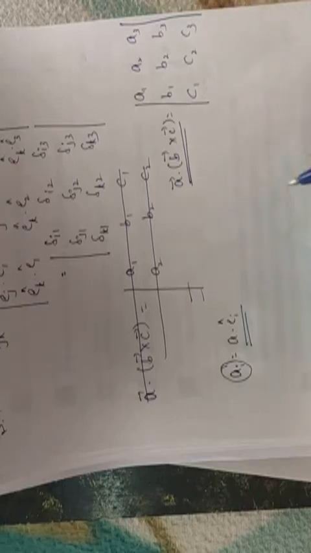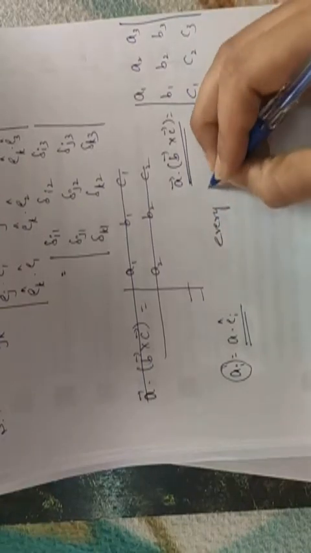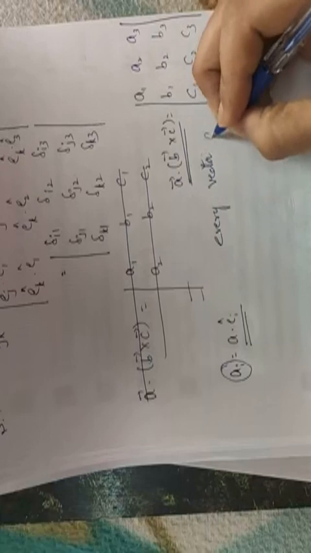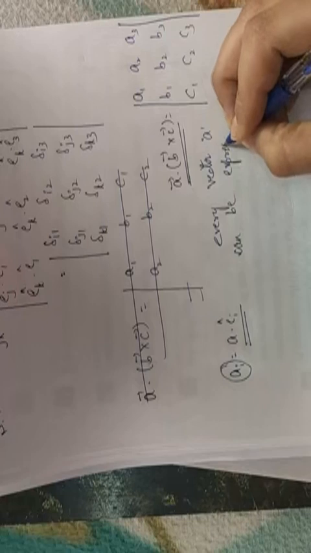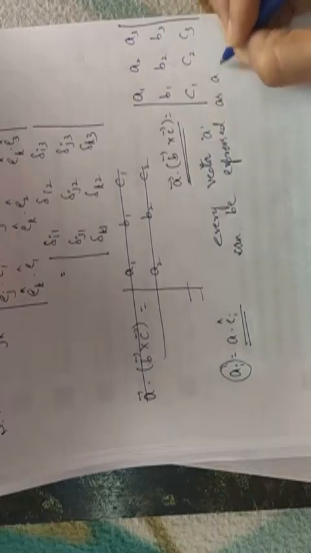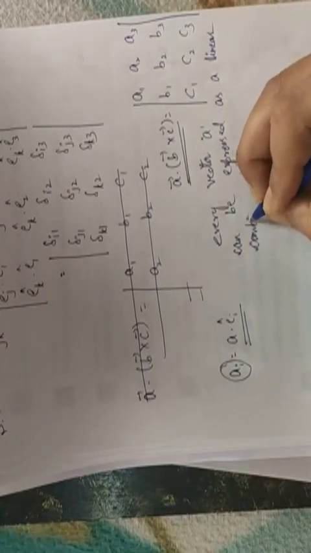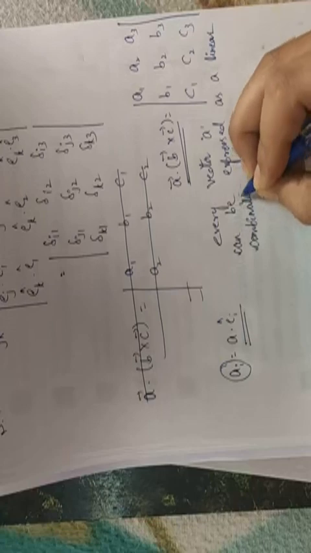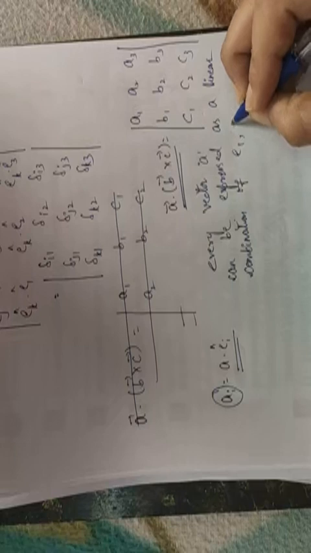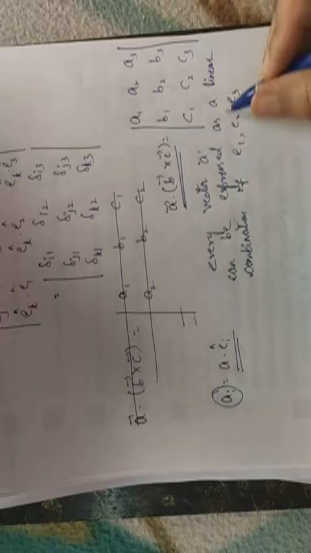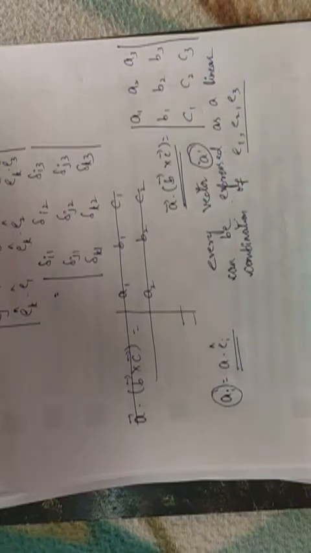There it is mentioned that every vector A can be expressed as a linear combination of e1, e2, e3, that means your base vectors. So every vector A can be expressed as a linear combination of your base vectors.